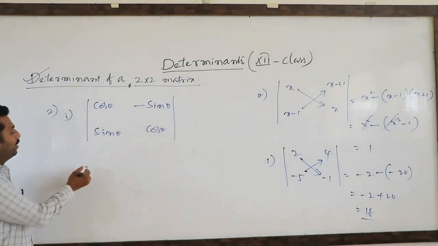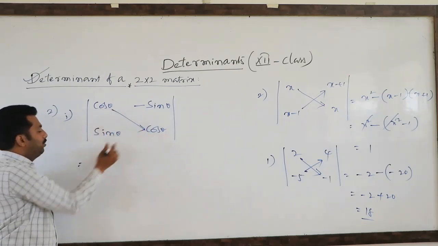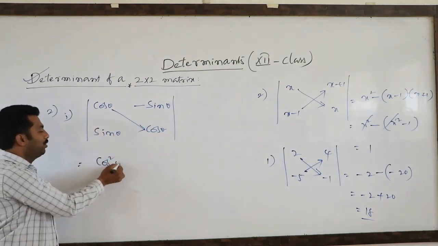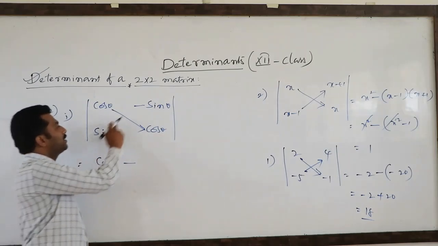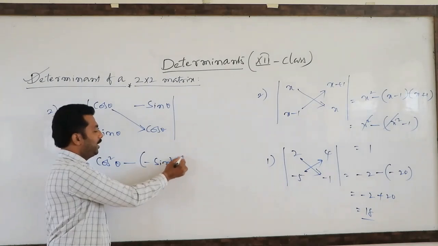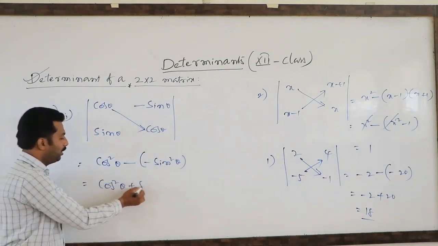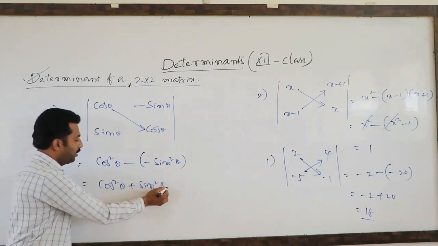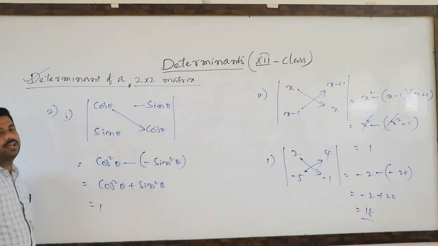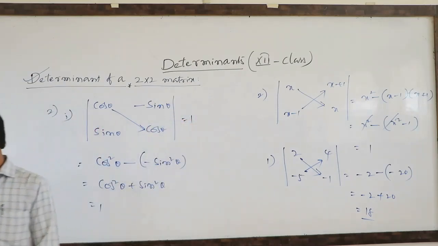See, product of the principal diagonal elements, cos theta into cos theta, that will be cos square theta, minus sin theta into minus sin theta, nothing but minus sin square theta. So this is cos square theta plus sin square theta, sin square theta plus cos square theta is 1. So this determinant value is 1.